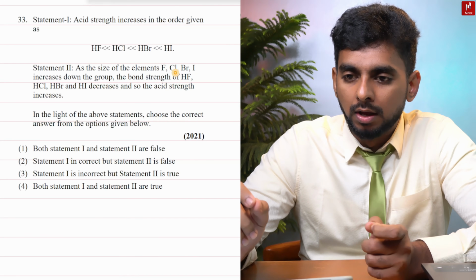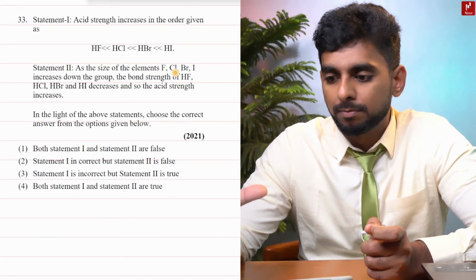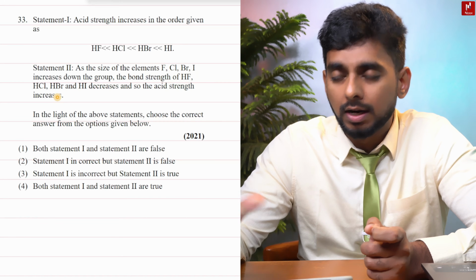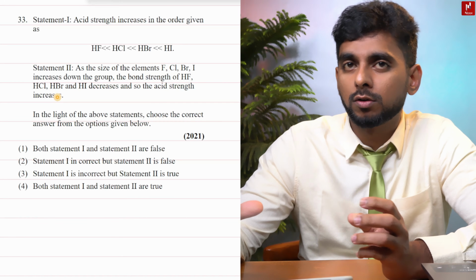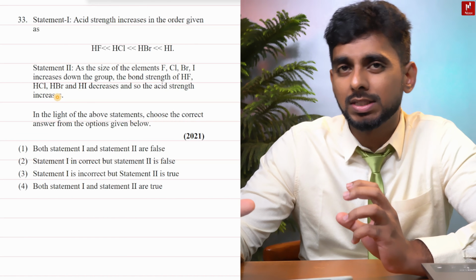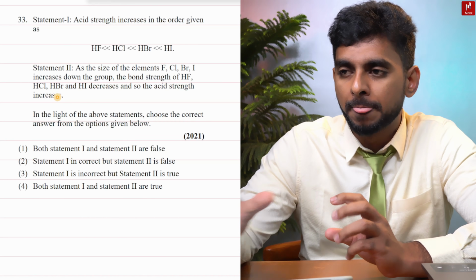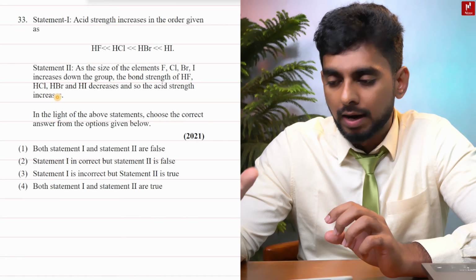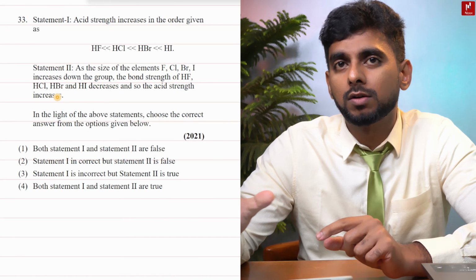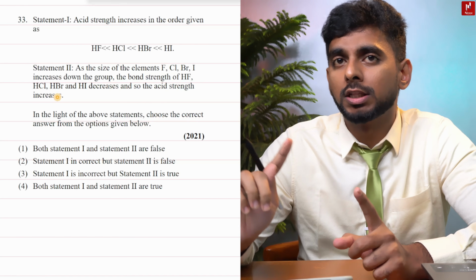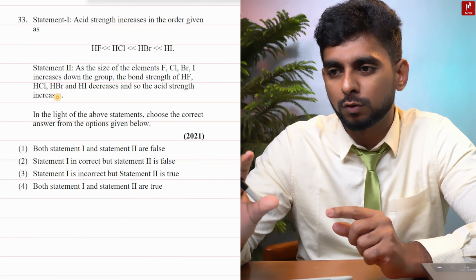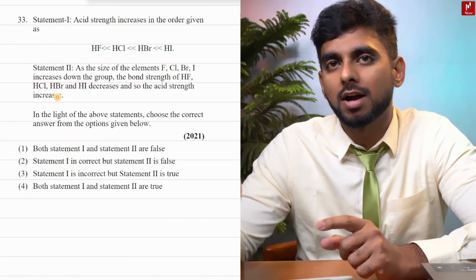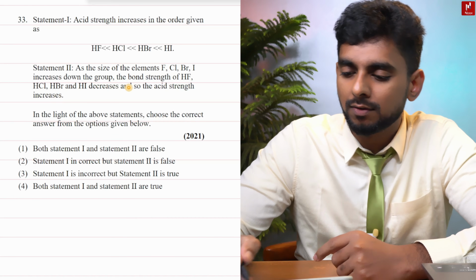As of now, iodine is going to be much bigger when compared to fluorine. It's going to combine with the same hydrogen atom, right? Therefore the bond length between hydrogen and iodine will be greater than that between hydrogen and fluorine, because fluorine is smaller, so the bond length is going to be less. If the bond length is less, it's going to be hard for me to break. So that's what they would have given over here.